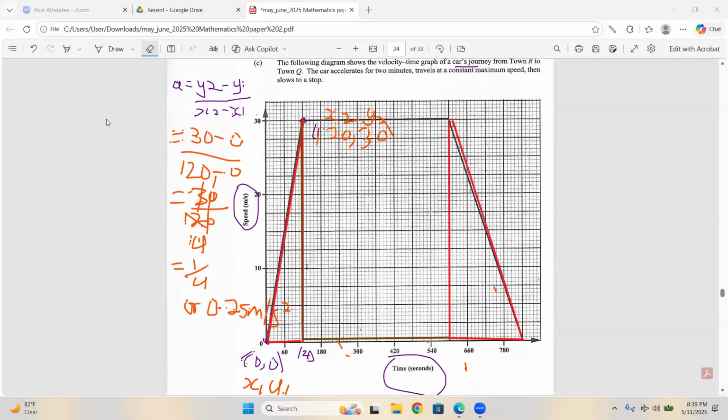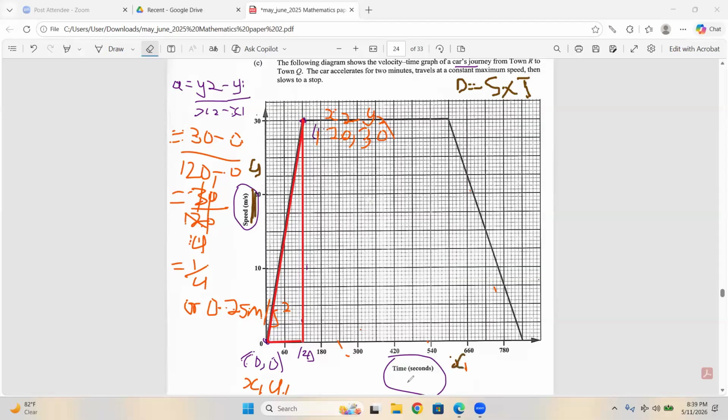But again, before I do the area of the trapezium, I want to explain to those who don't know, why are we even going to find the area to find distance? Well, remember, you have to know what the formula for distance is, right? In order to find distance, you need to take the speed and multiply by time. The y-axis represents speed. It's right here.